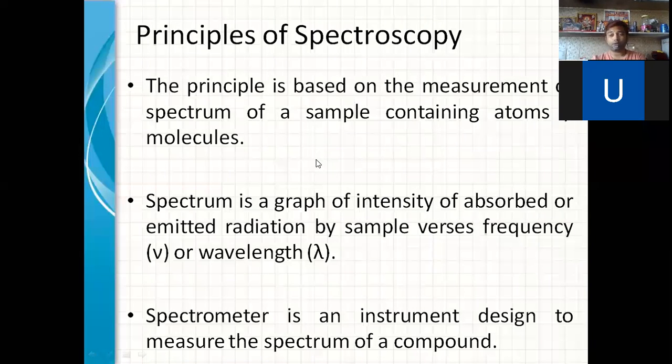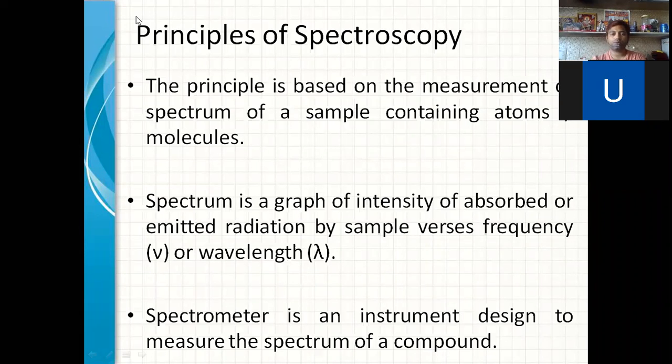The principle of UV visible spectroscopy is based on the measurement of a spectrum of a sample containing atoms, molecules, or ions. The spectrum is a graph of the intensity of absorbed or emitted radiation by the sample versus frequency or wavelength.